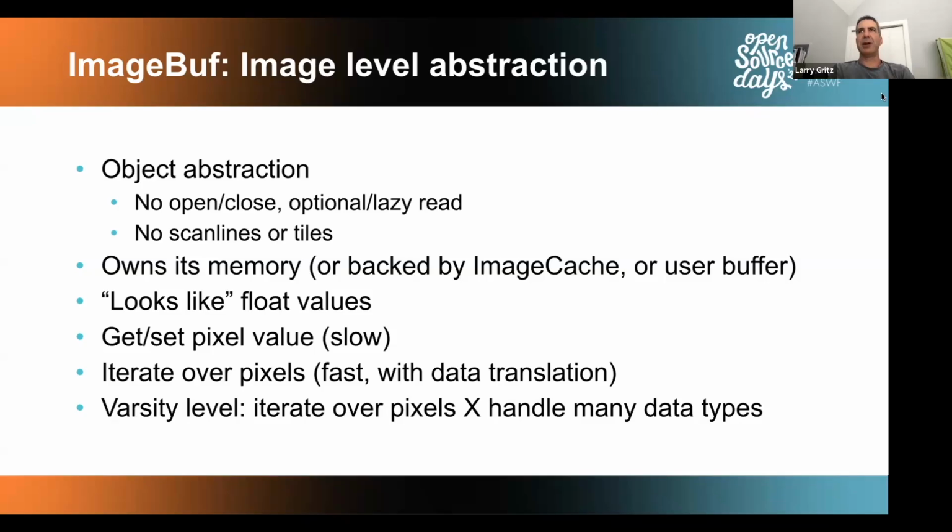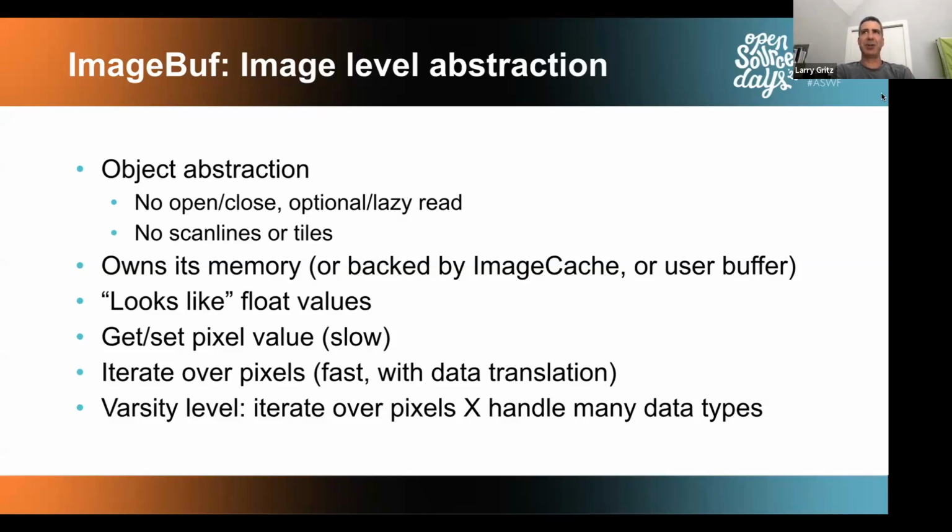For the most part, the ImageBuf owns the memory of any pixels that are stored, although just as a footnote, it's possible to make ImageBufs that wrap application buffers, so you can own the memory too if you want to, or that are backed by the image cache, which we'll get to shortly. But think of it primarily as the ImageBuf object owning the memory of the pixels, and you can treat it for the most part as if everything is floating point inside there.